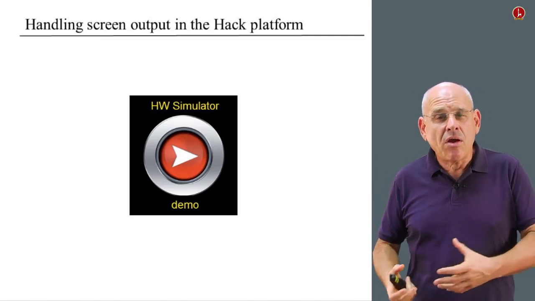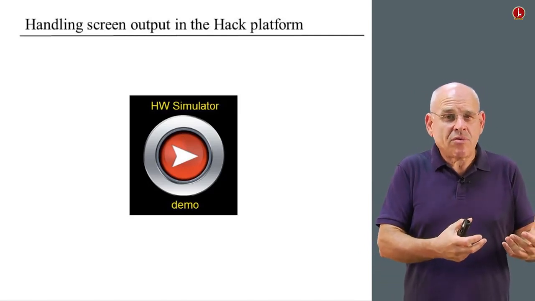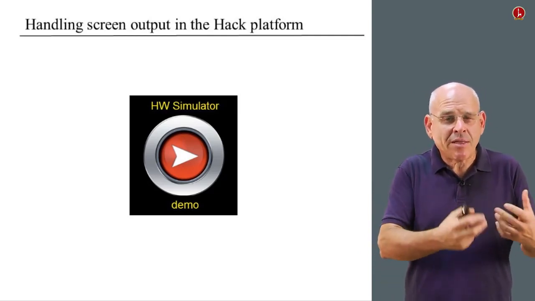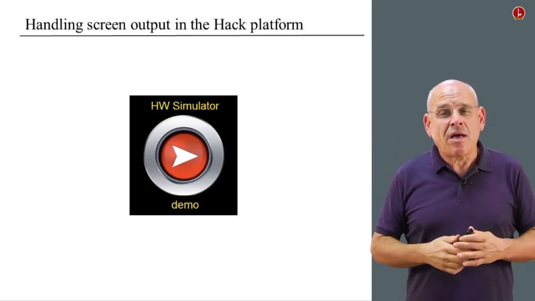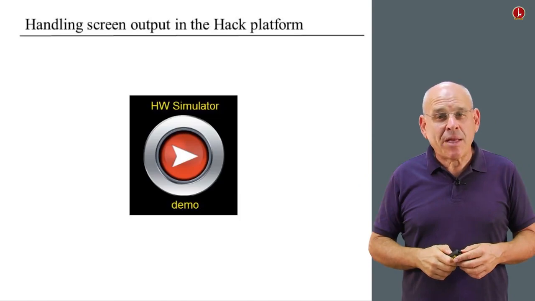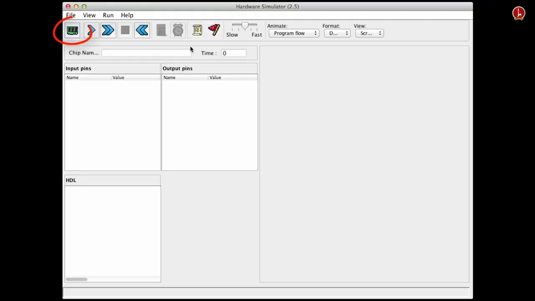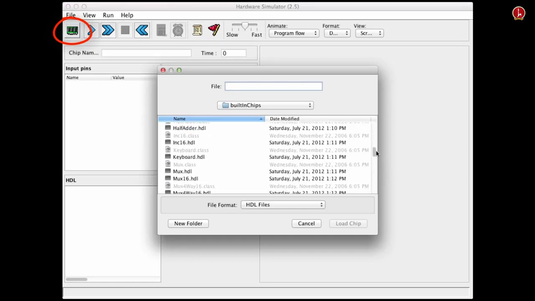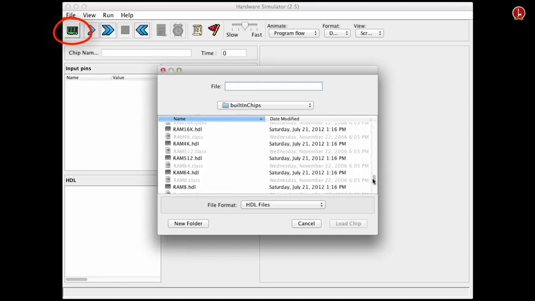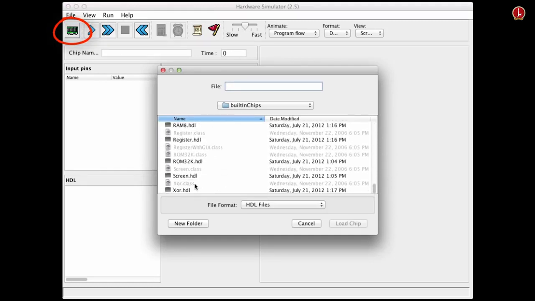So I'd like to load the screen chip into the hardware simulator, manipulate it, and you can see with your own eyes how it's going to actually change the screen and manipulate the pixels. So let us load the built-in screen chip. So we look for a screen, and here it is.